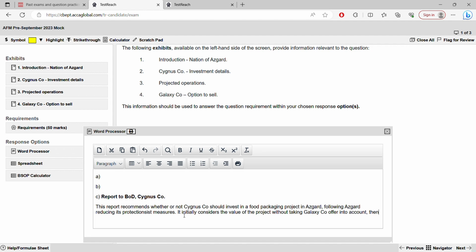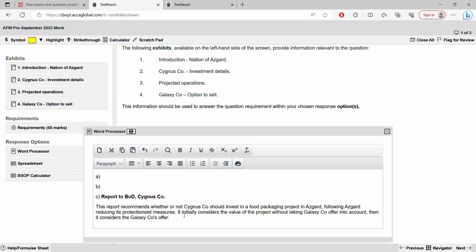Then it considers the Galaxy company's offer. Then it comes to the Galaxy company's offer. What's the next? First and second is done. Third. So the report concludes by recommending a course of action for the board of directors. Okay.